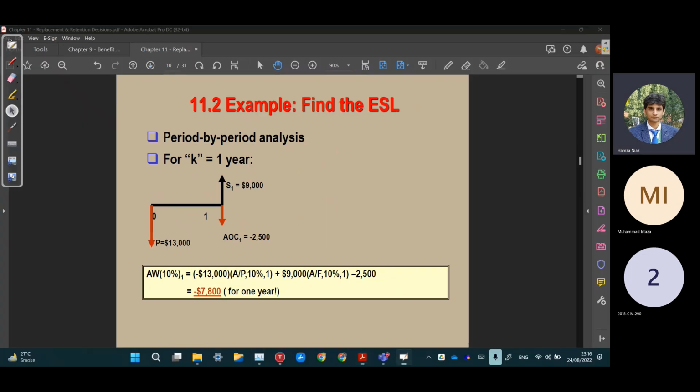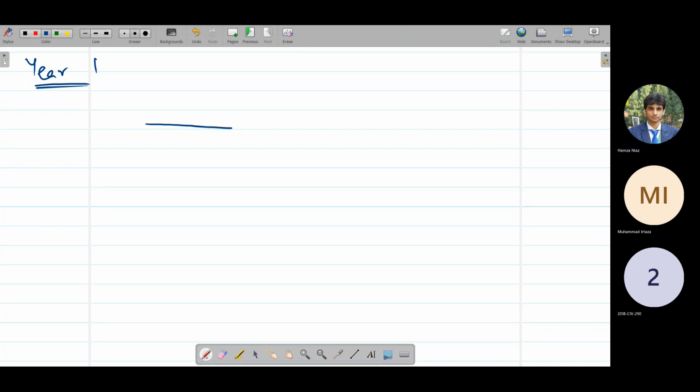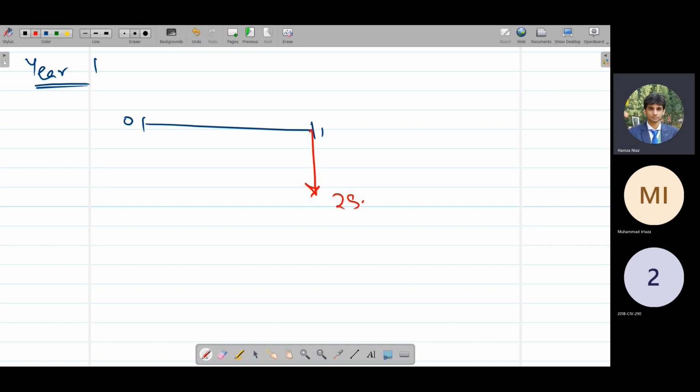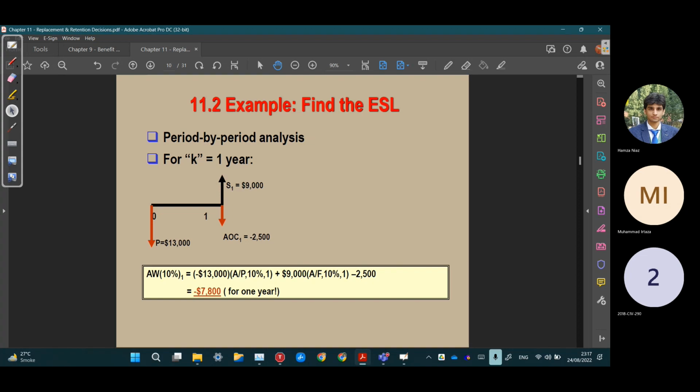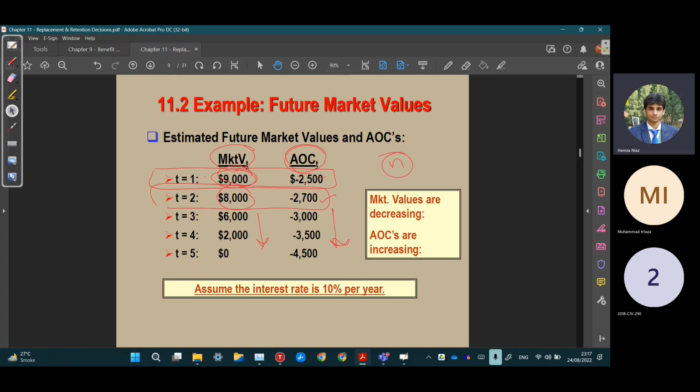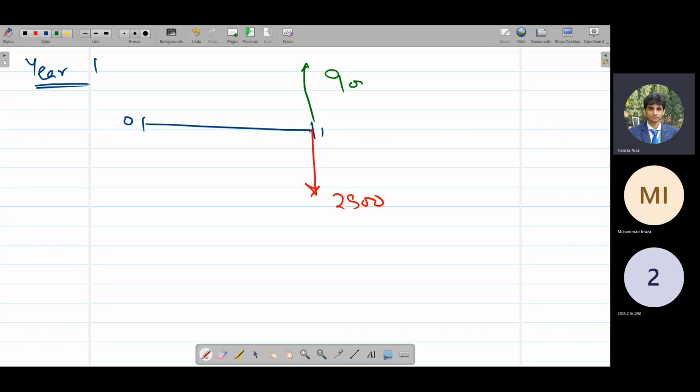So we can draw this like this. This is year 0, this is year 1. For the first year, its annual operating cost would be 2,500. Its market value at the end of the first year would be 9,000. And its current market value would be 13,000.